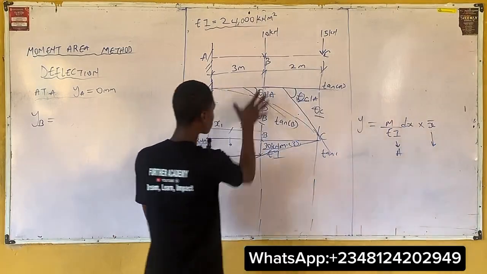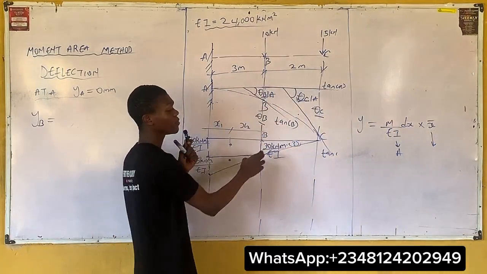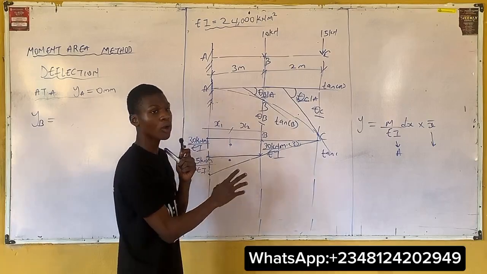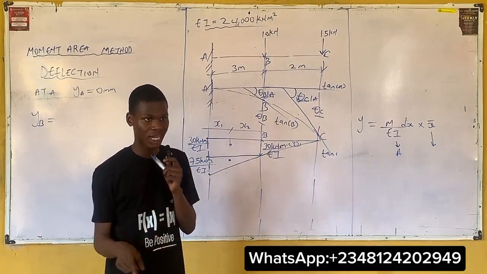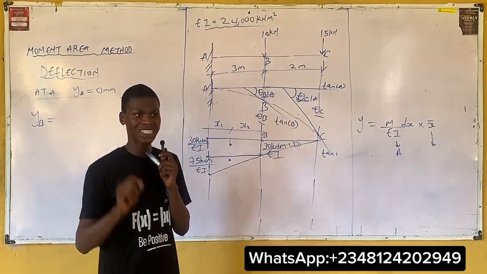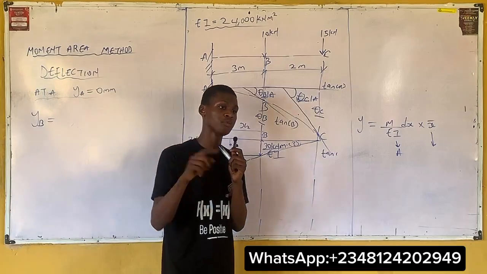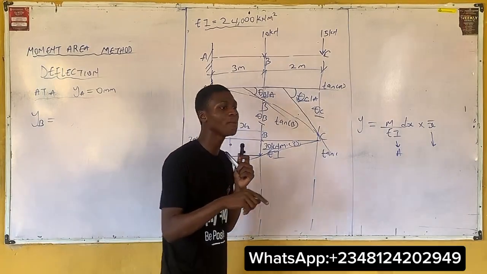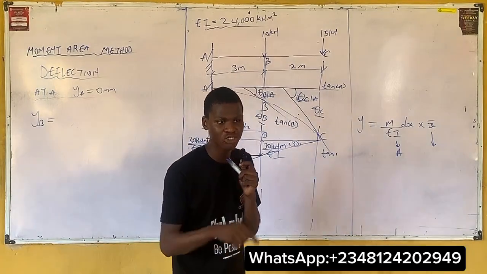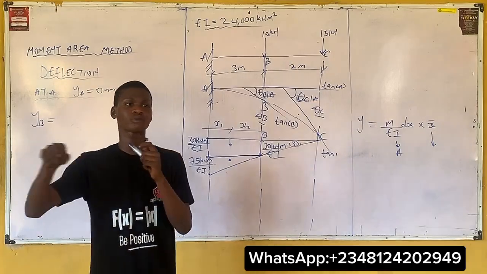Now, back to this question: calculating the deflection at B. To understand how your deflection works, go back to Theorem 2. Theorem 2 states that the vertical displacement between the tangent of any two points on the elastic curve of a beam is equal to the product of the area under the M by EI diagram multiplied by the centroidal distance with respect to that point. Keyword: with respect to that point.